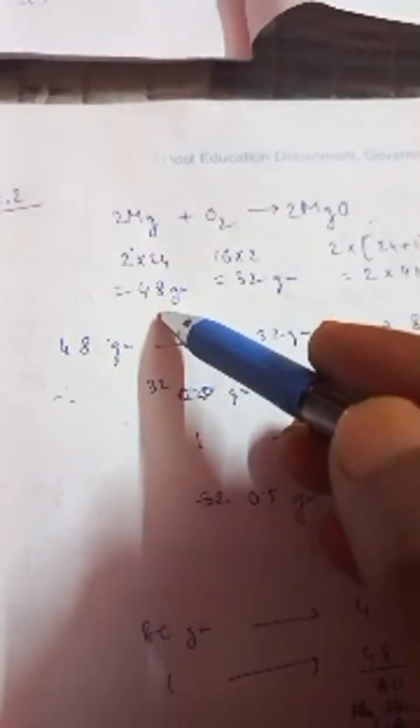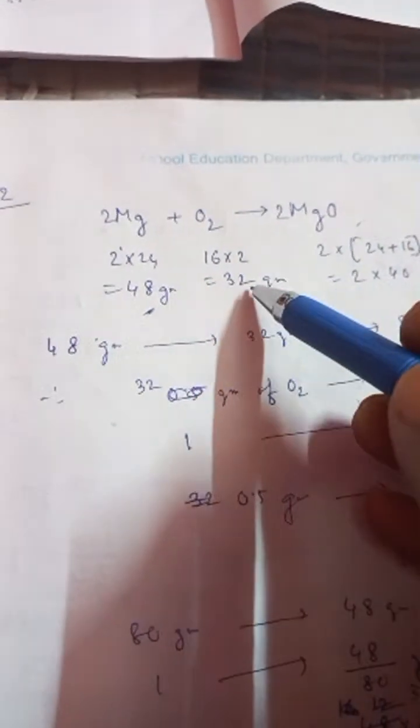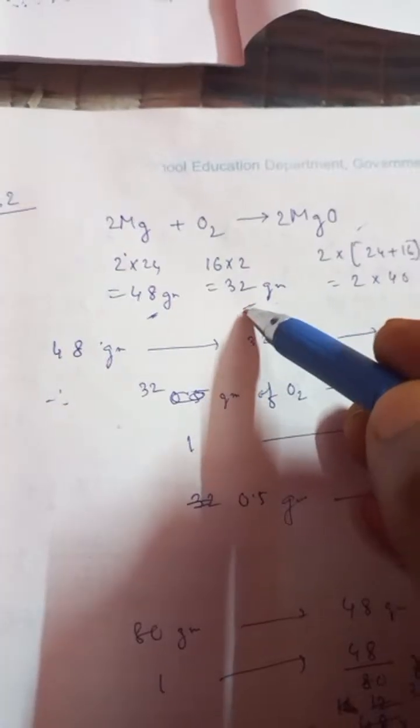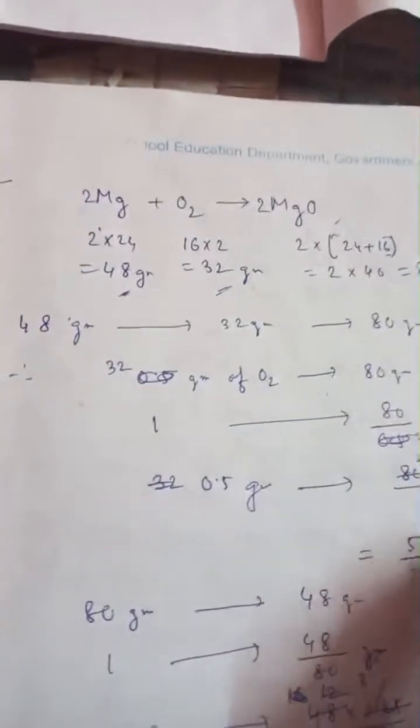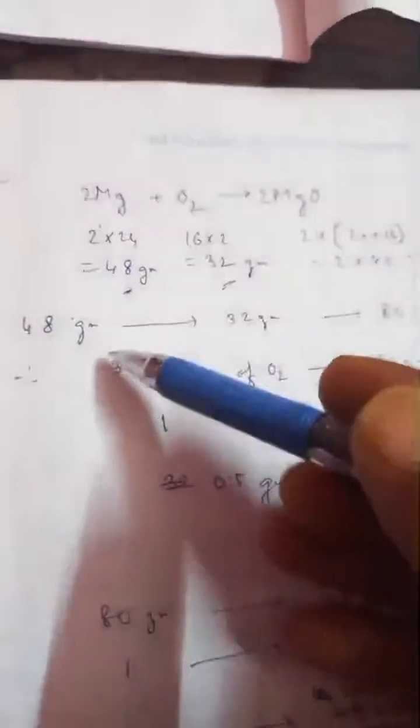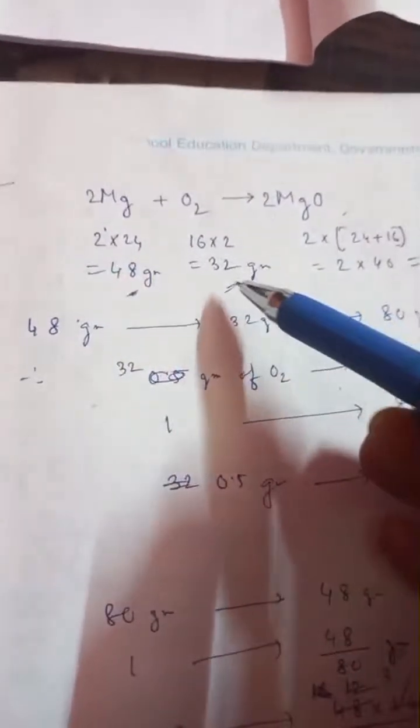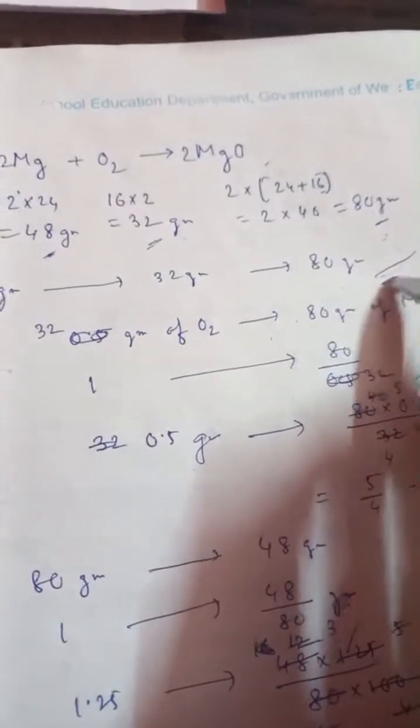The equation will be 2Mg plus O2 equals 2MgO. So the weight of magnesium will be 48 gram, oxygen will be 32 gram, and magnesium oxide will be 80 gram. Now 48 grams of magnesium burnt with oxygen gives us 80 gram of magnesium oxide.